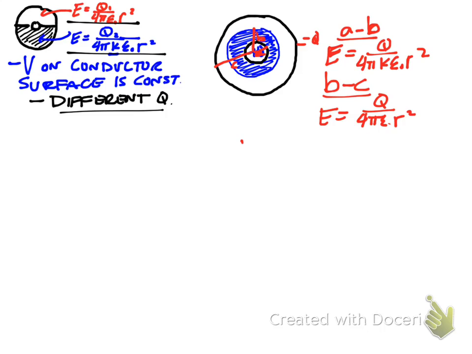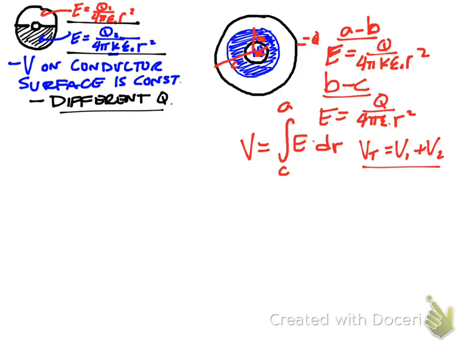And when we did the voltage for this, our voltage would be the integral from C to A of the electric field with respect to R. And what we're going to see is that the total voltage is a combination of voltage 1 and voltage 2, because the nature of this integral says we're going to have to add them all up.